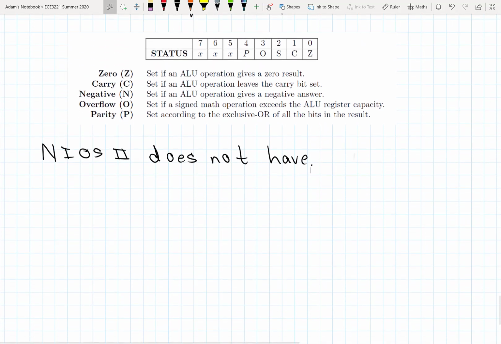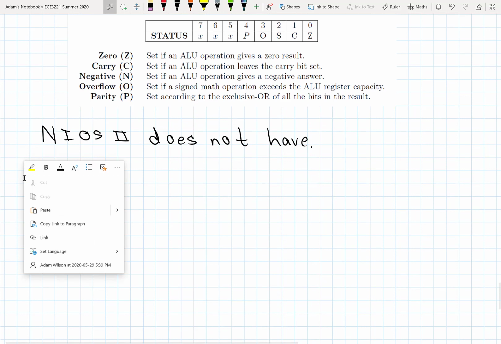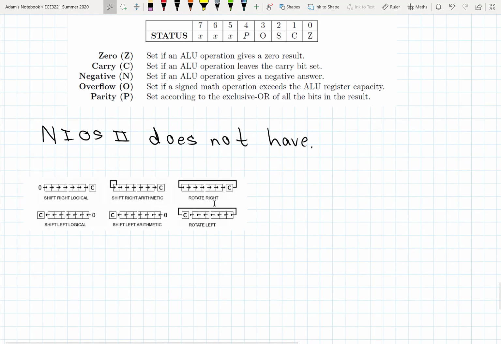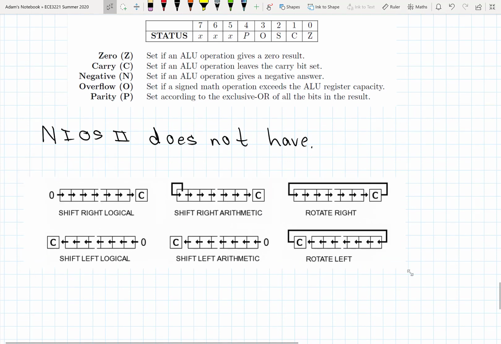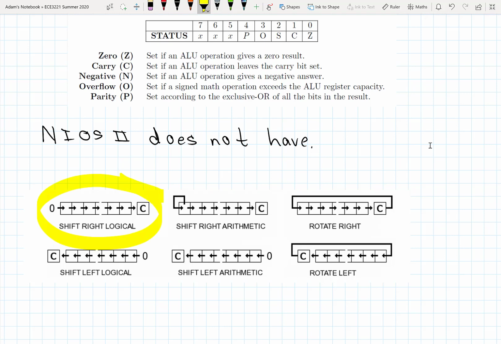Just a couple other things I'd like to draw your attention to in chapter 5 of the course notes is looking at the difference between the various shift operations, shift versus rotate, and how they differ. So just have a look at this table and make sure you're aware of the difference. There's two different forms of the shift right operation.